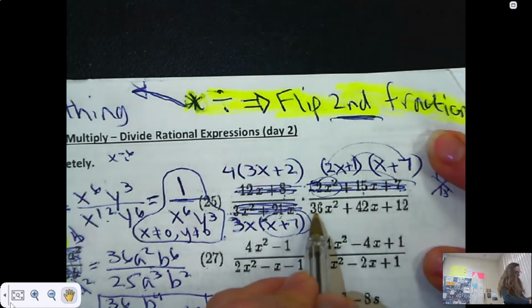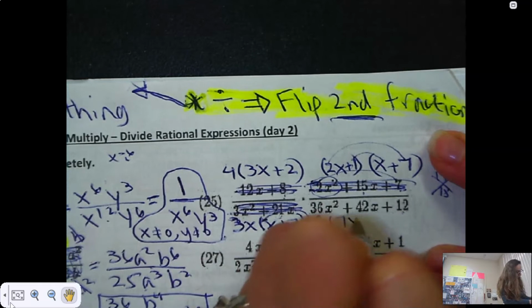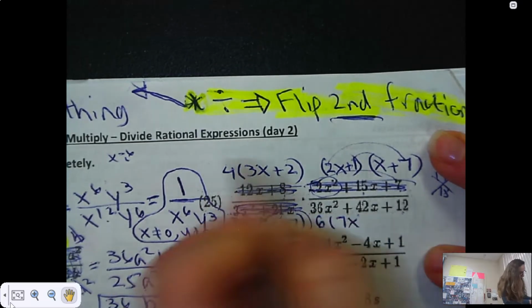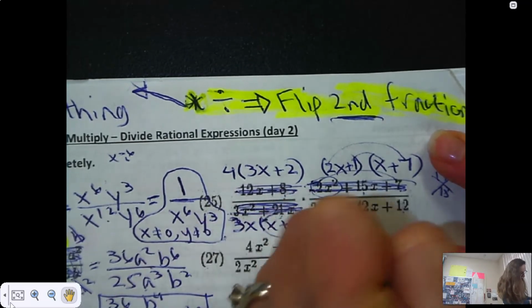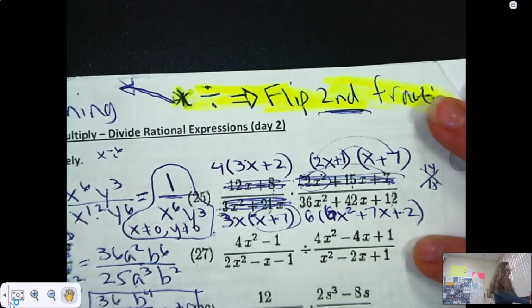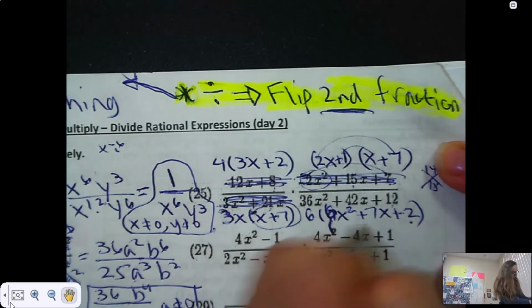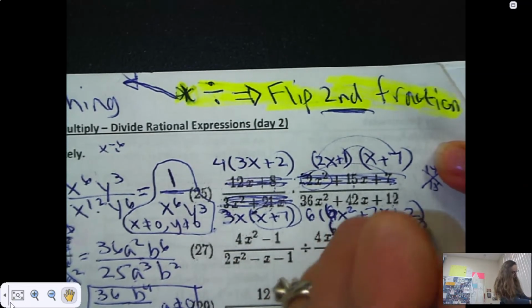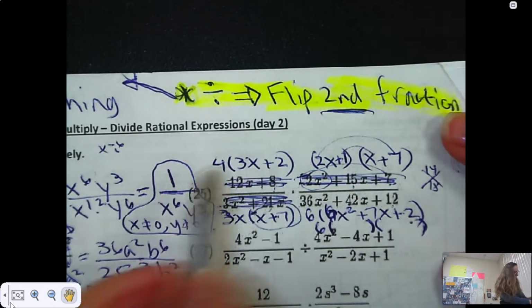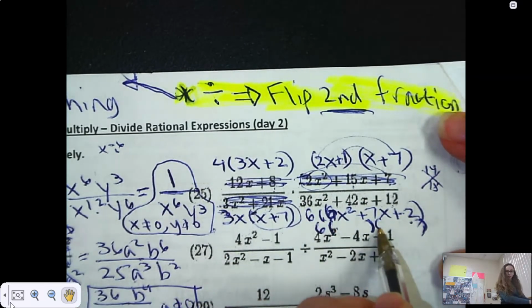Okay? Now, I see 36, 42, and 12. All of those are divisible by 6. Wait, just kidding. 6x squared plus 7x plus 2. And now I go, well, since that's x squared, I probably can keep going. So I'm going to go like this and bring down the 6. Now, the truth is 6x squared could be 6x and x, or it could be 2x and 3x.